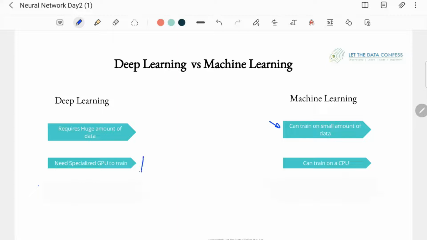Second thing, we need a specialized GPU to train. Usually we can't train any deep learning or neural network model on the CPU, because if we are using huge data, it will take a huge training time, and that's the reason we use a GPU. What is a GPU? A GPU helps to process data in parallel, because it supports parallel execution.